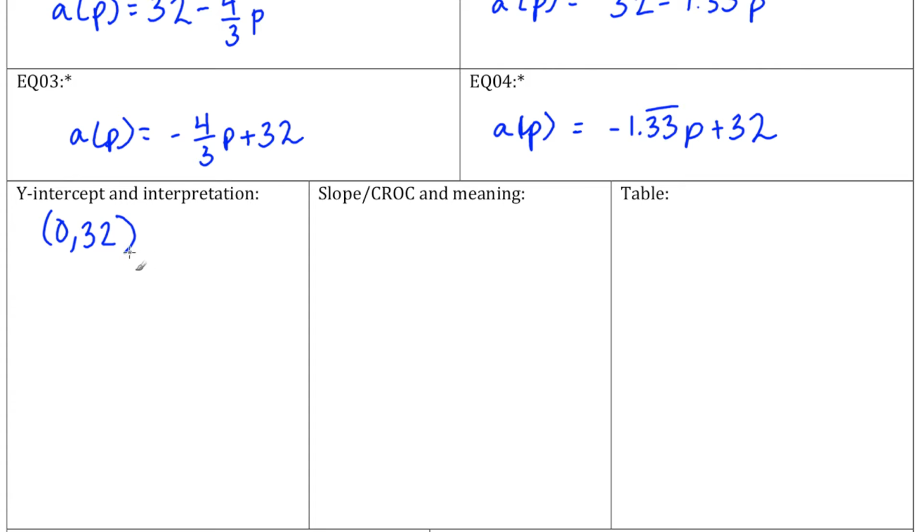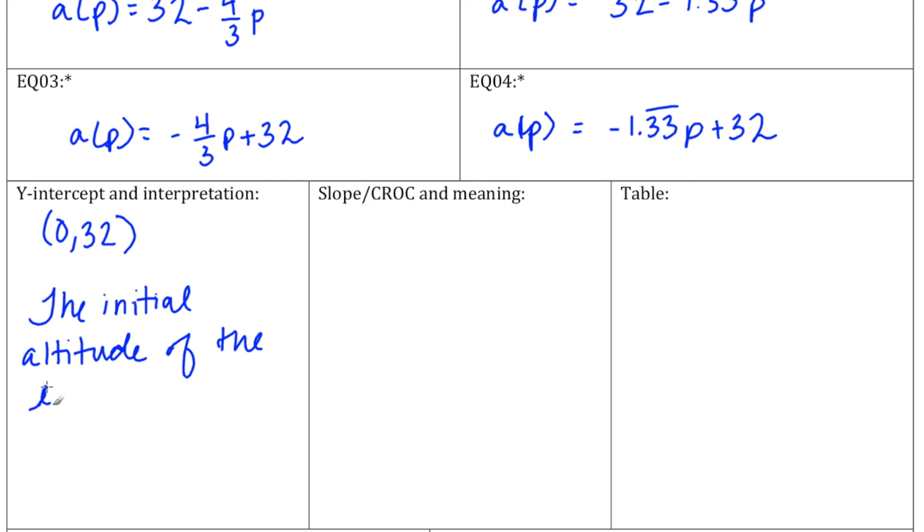Now what does that exactly mean? This means that the initial altitude of the flag was 32 feet, and we'll put in parentheses before any pulls.